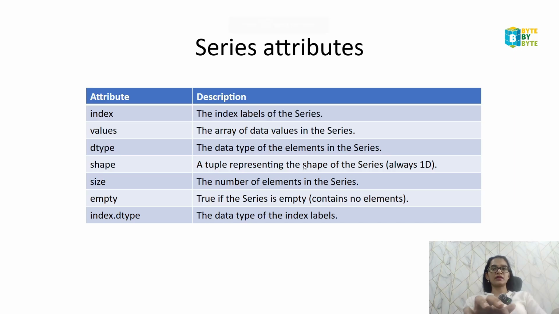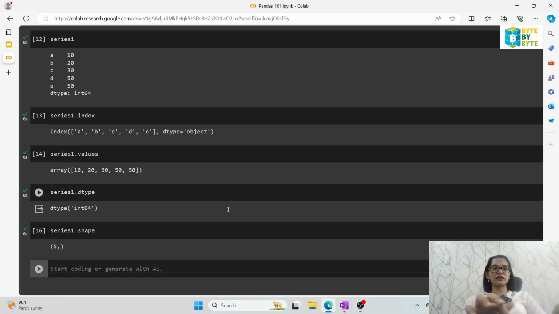A tuple representing the shape of the series. Currently this series has 5 elements, so that's why it is going to give you the shape as 5 comma.